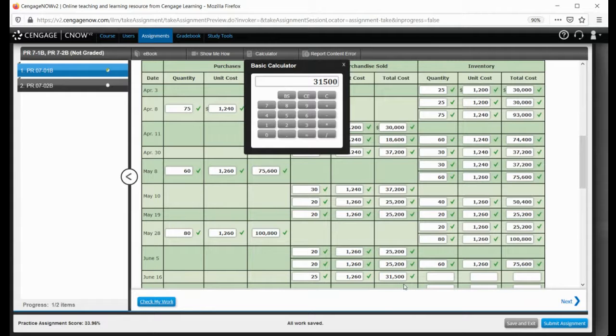31,500. The amount that we have left in ending inventory on June 16th, you will have to determine by taking the 60 units and subtracting 25 from that.